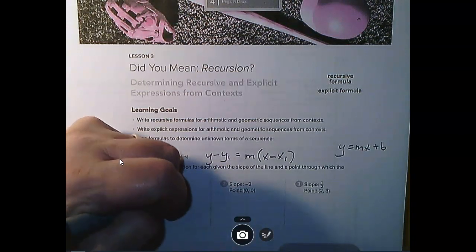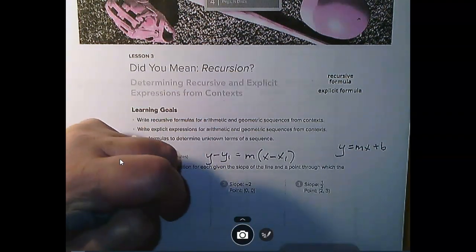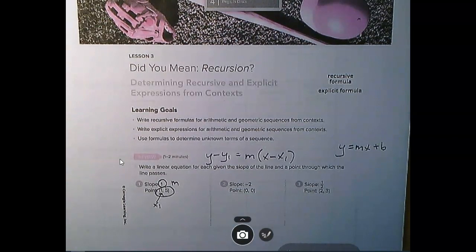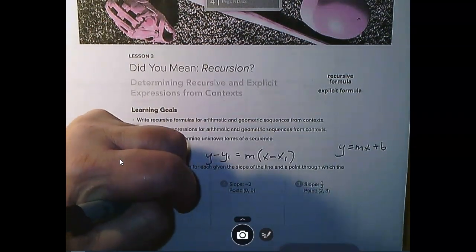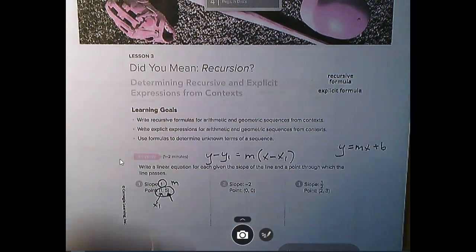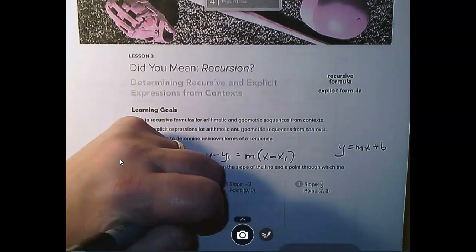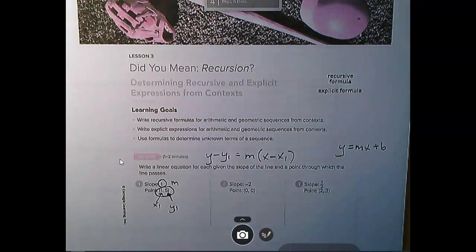So this number right here, the first one, is what you're going to plug in for x1. And then this number right here, because it's the y coordinate, is what you're going to plug in for y1.